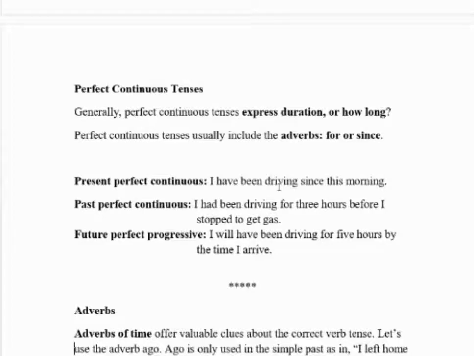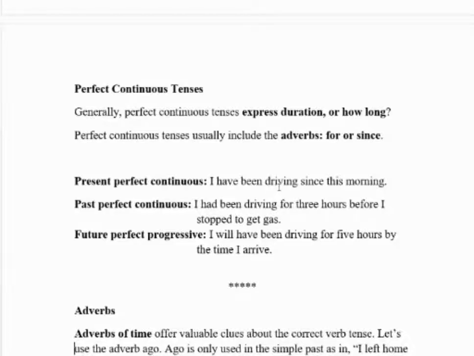So if I use she, he, or they, we will have the same auxiliary had because it is in the past. While in the present, we change the auxiliary: we use either have or has according to the subject.